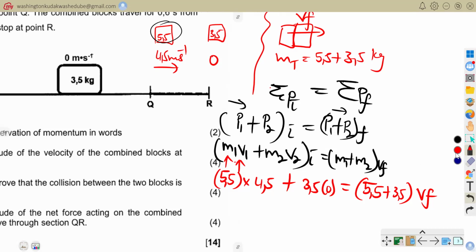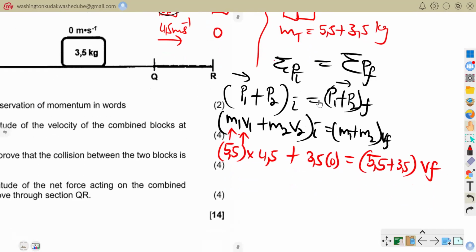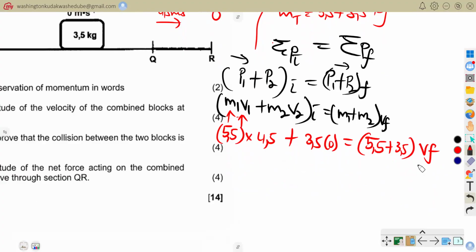That being the case, we get to solve this side and then make VF the subject. So I'm just going to punch my calculator here to work out 5.5 times 4.5. So we can use our calculators there.